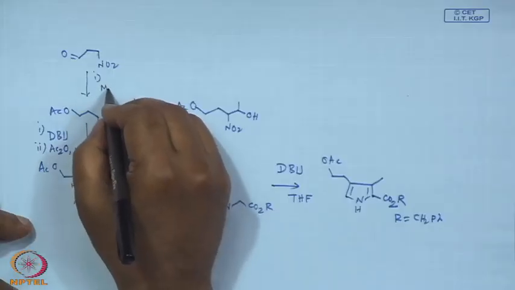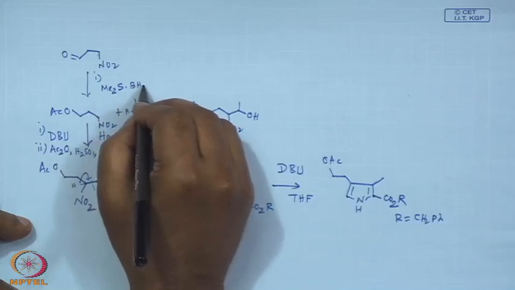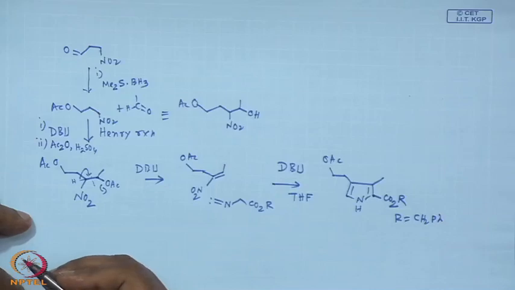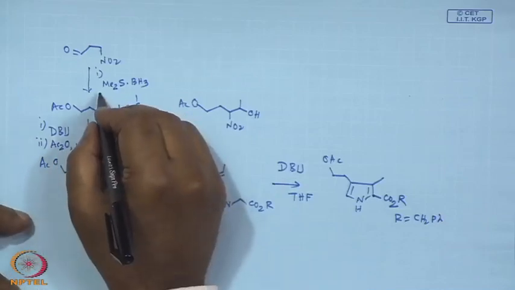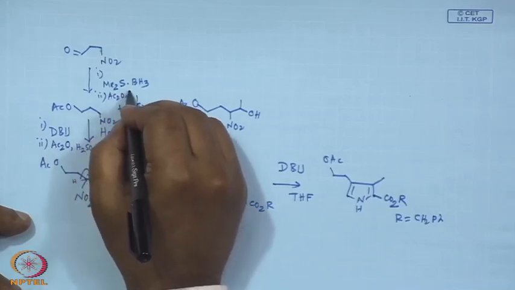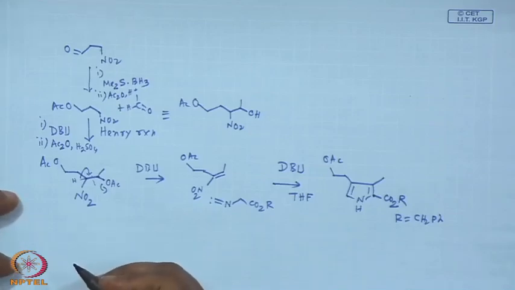Okay. In this case it is boron dimethyl sulphide complex, boron dimethyl sulphide complex. Of course, the next step is acetic anhydride and acid. Boron dimethyl sulphide complex was discovered by H. C. Brown and IIT KGP, right.